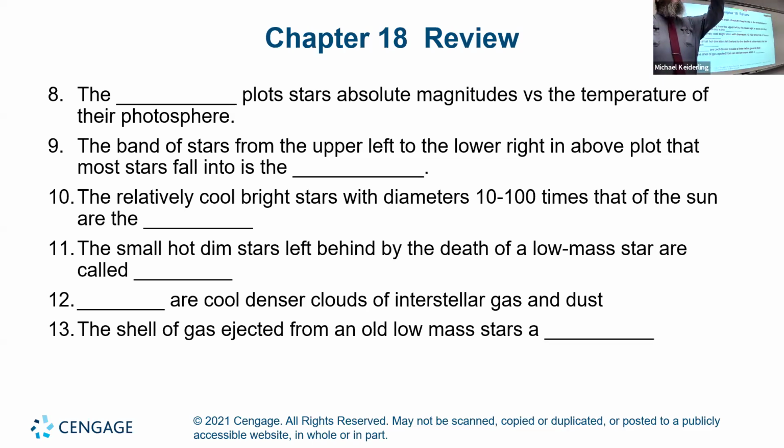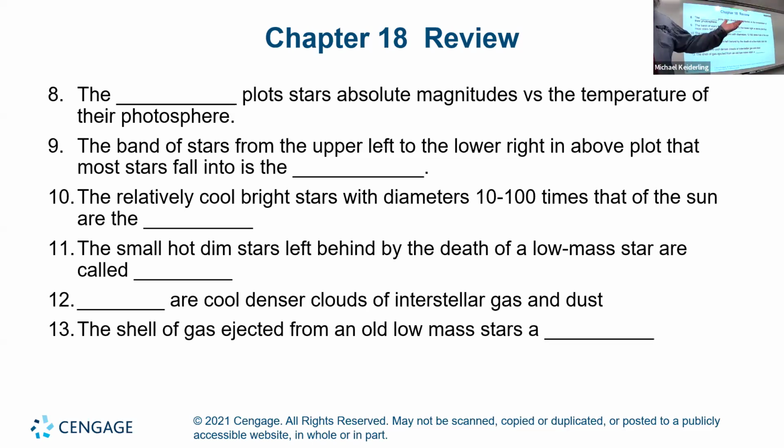So red giants are cool and bright. To be bright and cool, you have to be huge, hence red giant, and they're red because they're cool. And white dwarfs are incredibly hot, but dim, which means they have to be tiny. And so those are tiny, hot, dim stars in the other corner.